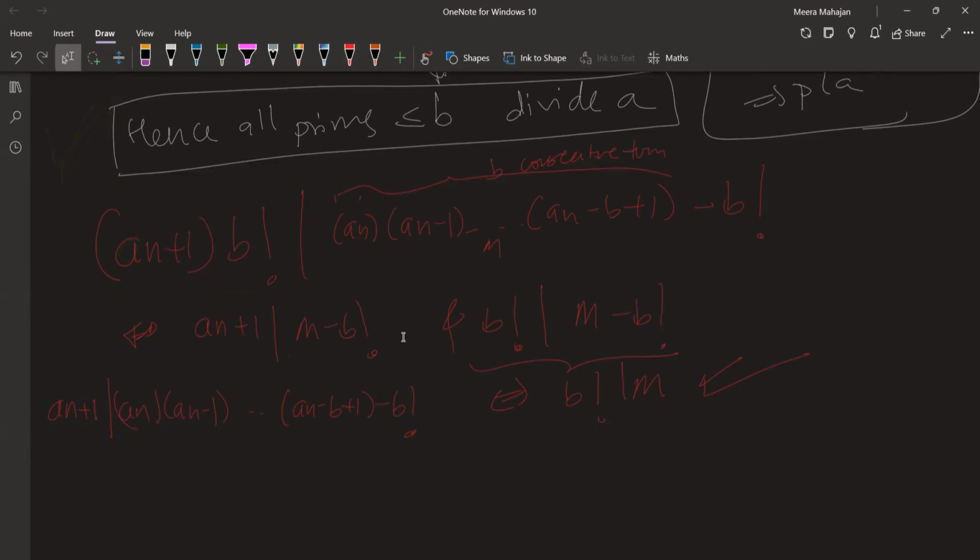Can you simplify this equation quickly? Something easy-ish, an easy idea. We don't have to take a prime dividing and then. What is this term? It's just minus 1, right? An is minus 1 mod an plus 1, right?